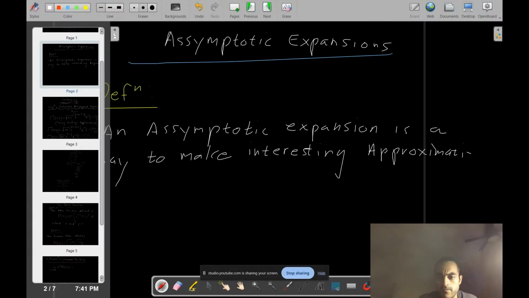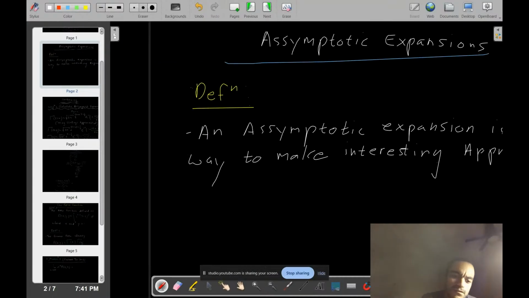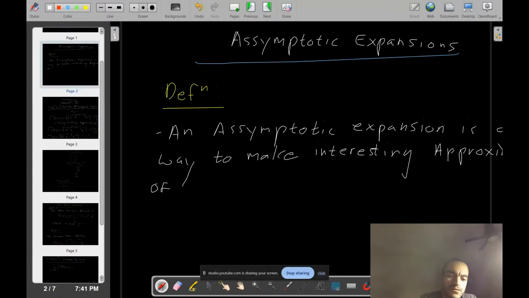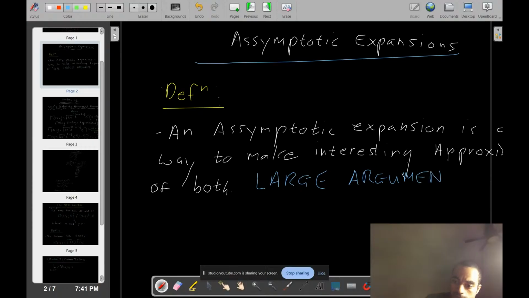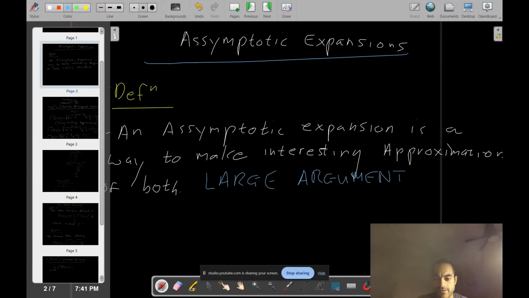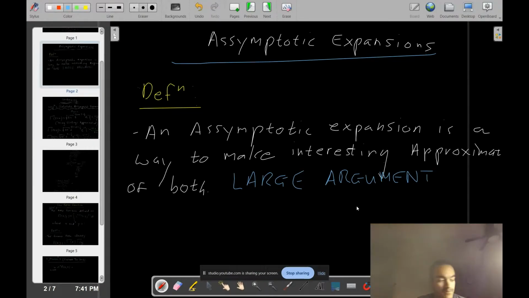So you see here, approximations of both large, that looks like an H, sorry about that, guys. Both large, I'm going to capitalize this, large arguments. We have a large argument. For the new audience coming in, as I said, if you have a background in integral calculus and linear algebra, you should be fine.